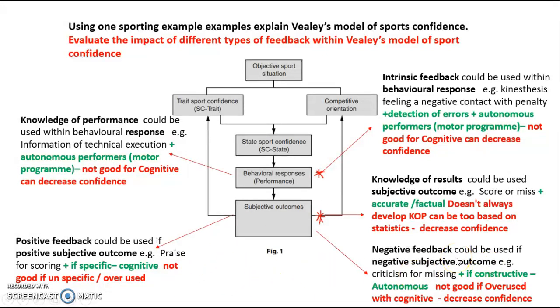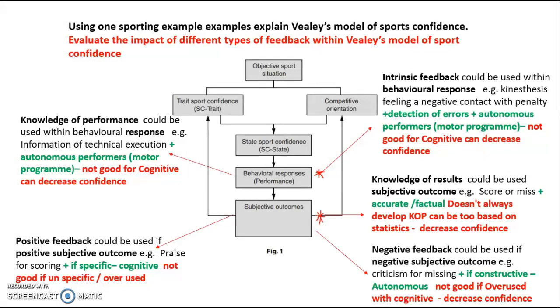Remember that concept of criticism for incorrect performance. This can be really effective if it's constructive, particularly for autonomous performers, because they want to perfect their skills. However, it could be dangerous if it's overused with cognitive performers, constant negative feedback that's not constructive, because it can lead to a real decrease in confidence. And confidence obviously is something this model is trying to propose, that we want positive subjective outcomes.